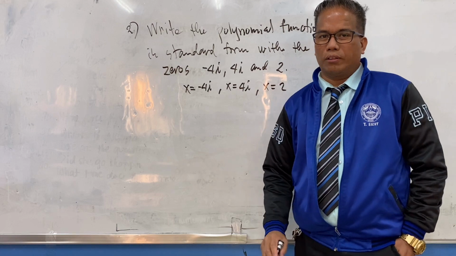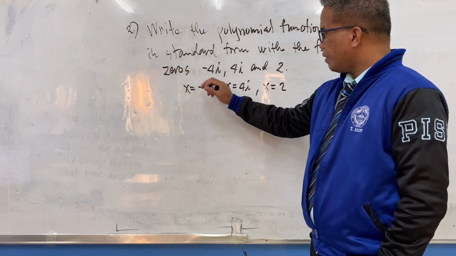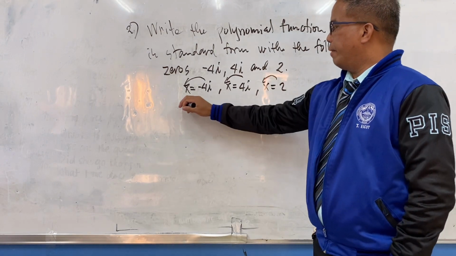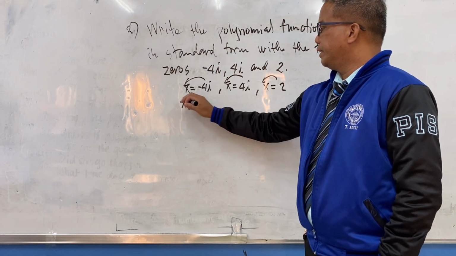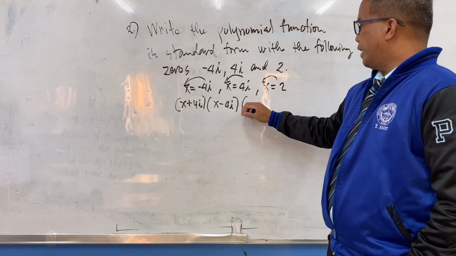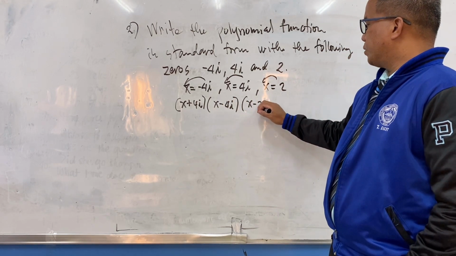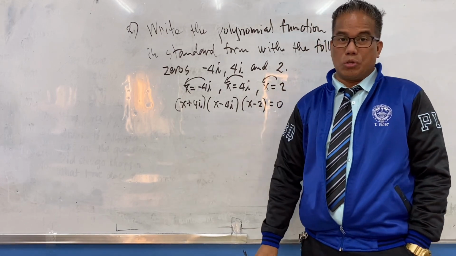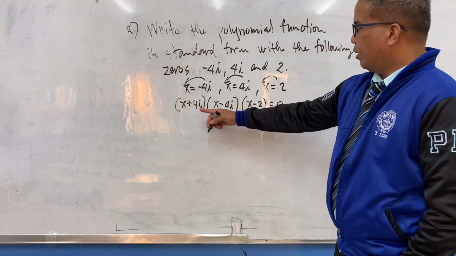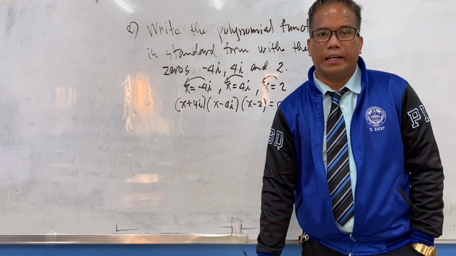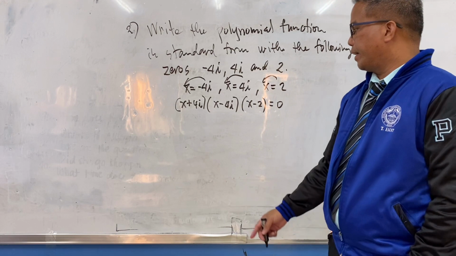Okay, so we are going to transpose this. So we have now x plus 4i times x minus 4i times x minus 2 equals 0. So we are going to equate again to 0. And then multiplying this binomial, x plus 4i times x minus 4i.